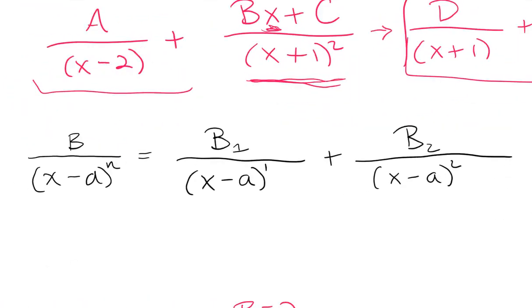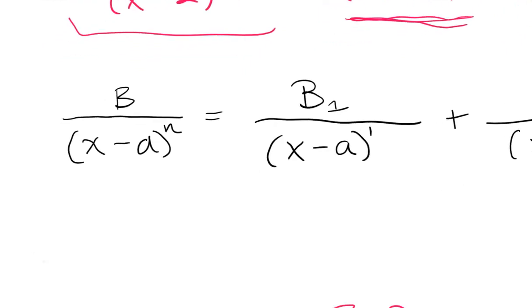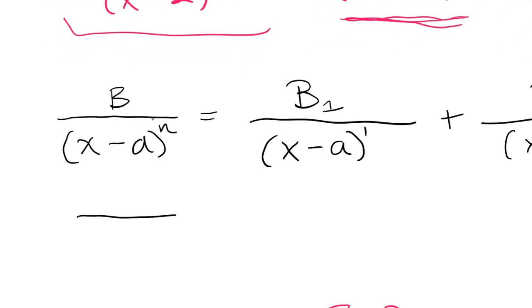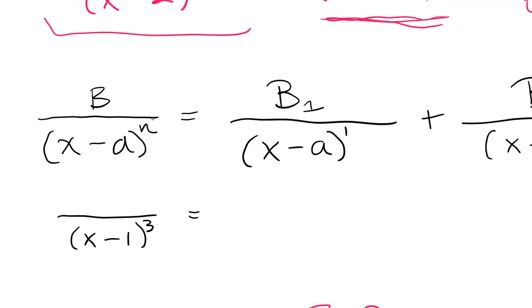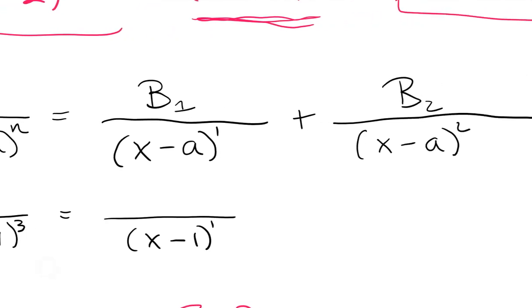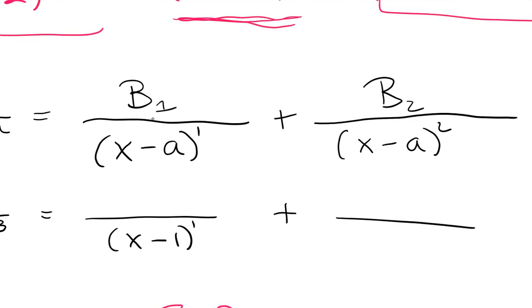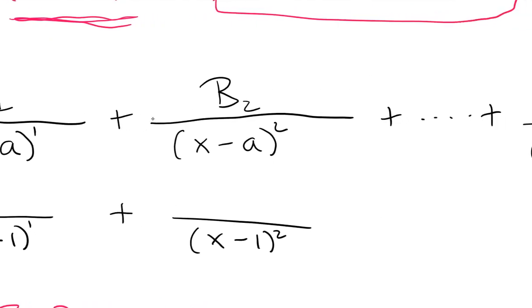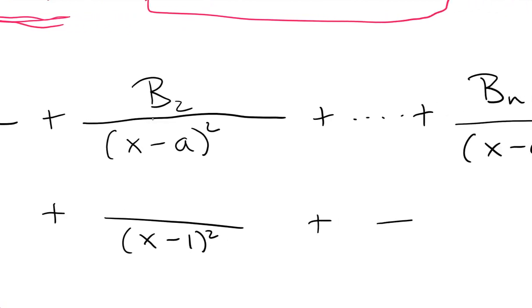So in the case where we had something over x, and something over x minus, let's say, 1 cubed, what we would do is end up having something over x minus 1 to the first power, plus something over x minus 1 squared, plus something over x minus 1 cubed.